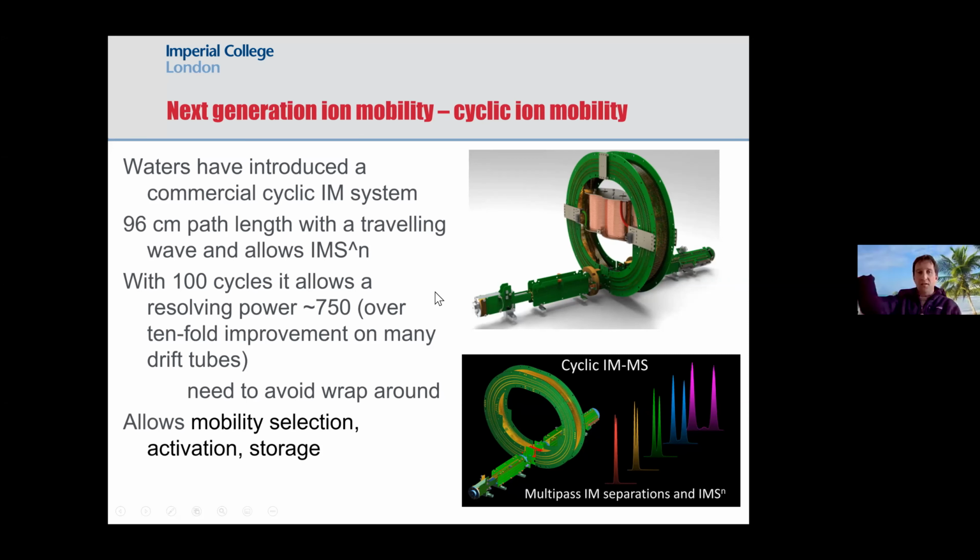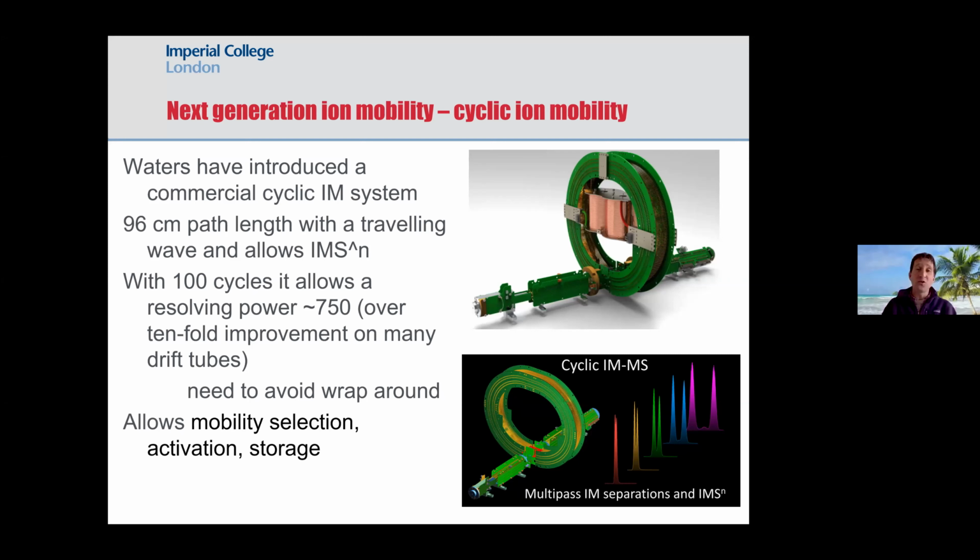But the fact that it's circular now means that we can do IMS to the power of n. So you can potentially cycle your ions around there. And they're looking at cycling ions around 100 cycles. And this gives you a resolving power of around about 750. So it's over a 10-fold improvement on many of the drift tube based approaches.